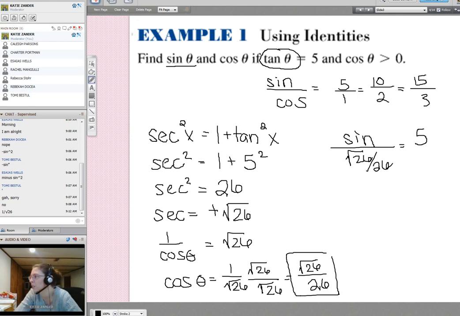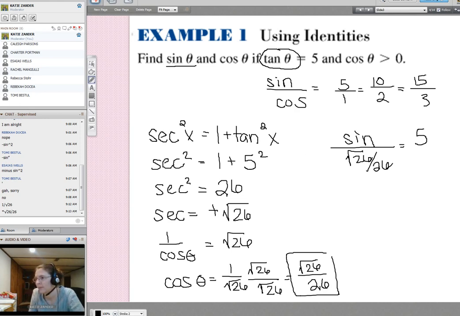What am I going to do to solve for sine here? Yeah, multiply by the denominator, right? So that's just going to be a 5 times square root 26 over 26.